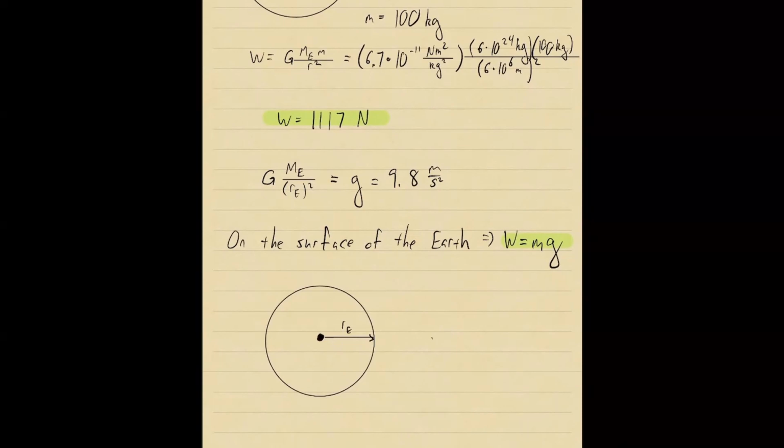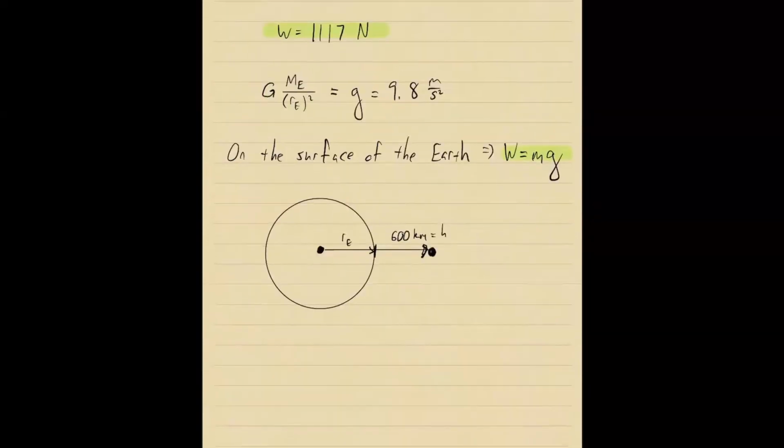So let's say we're out here. This extra distance between the surface of the Earth and where we actually are is 600 kilometers, which I'm going to call h, the height above the Earth.